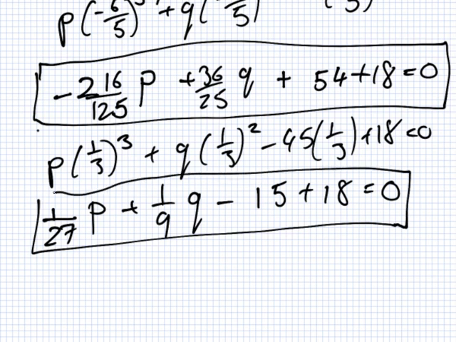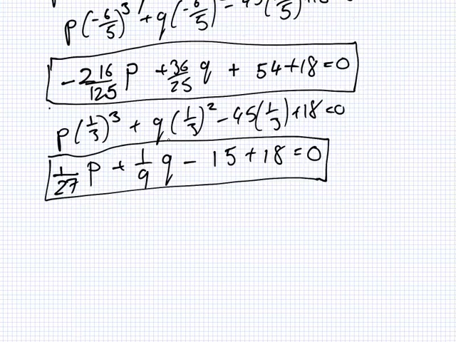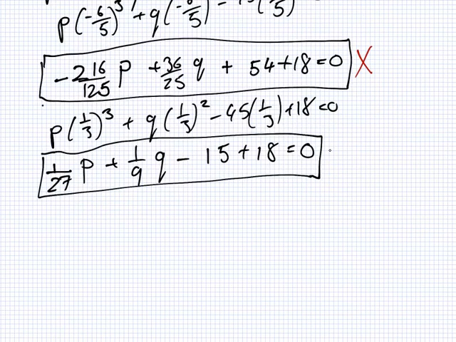Now, we're going to have to multiply here to try and clean this up a bit more. What to multiply by? What'll be easiest to cancel, the p or the q?